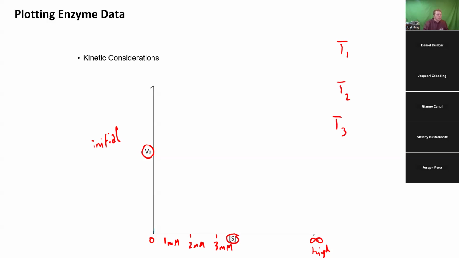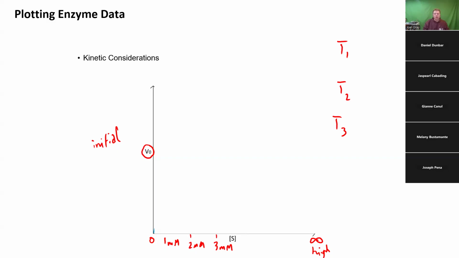Your substrate concentration will keep creeping up until you reach a point where you look at your initial velocity and see that it doesn't change.